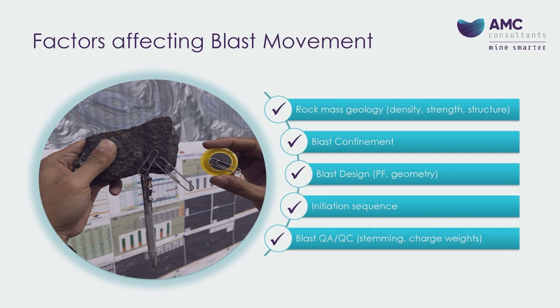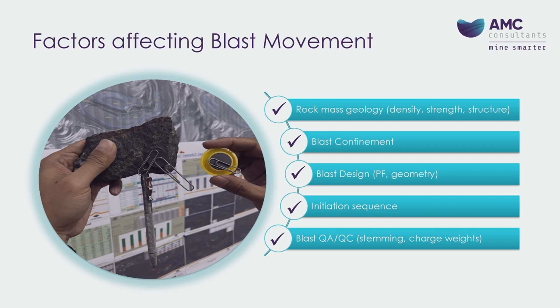Blast confinement conditions, so whether the blast is free-faced or choked. Blast design, so factors such as the powder factor, the geometry of the blast, so how big the blast is, will affect the blast movement. The initiation sequence, so whether it's designed to fire along the echelon or with a free face, with a choke blast or a V initiation, will all affect the blast movement.